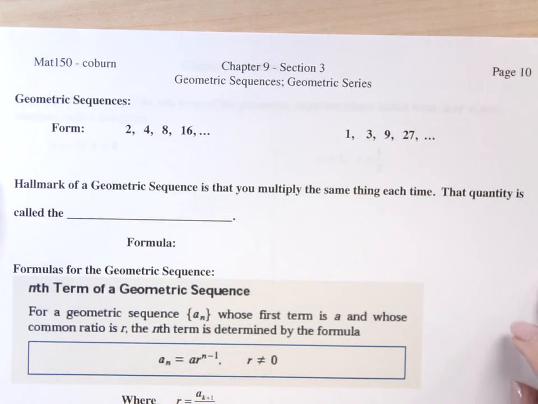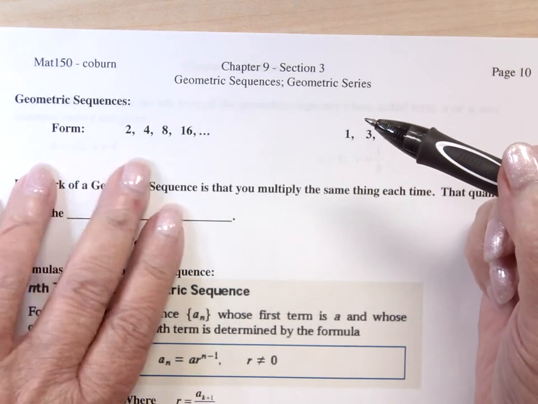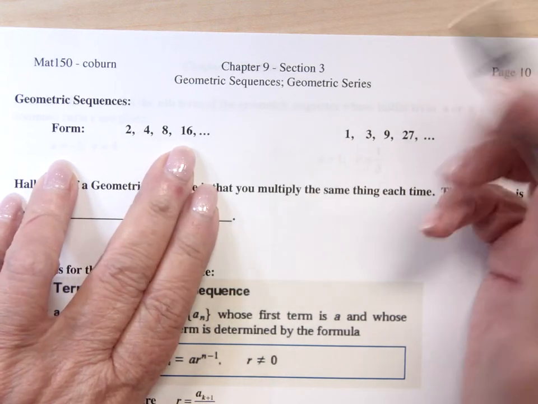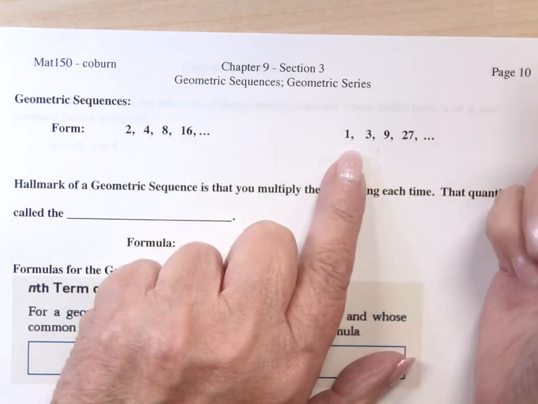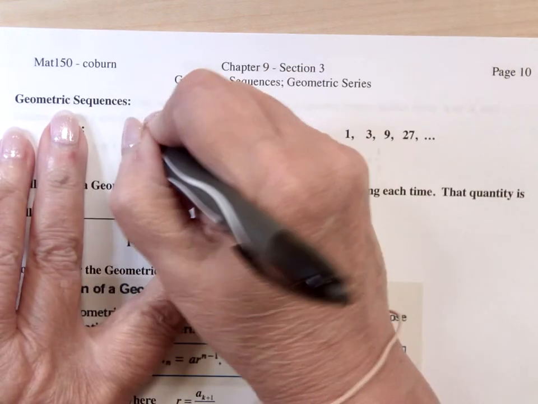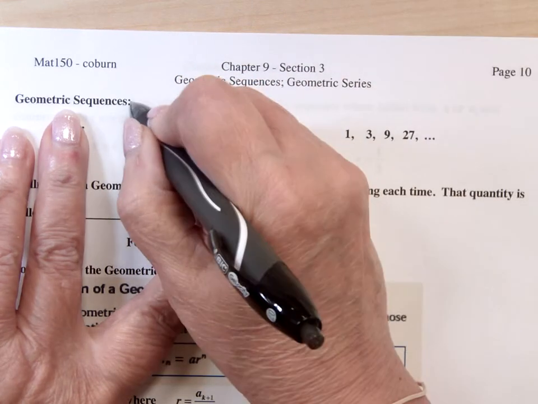Okay, so here we go. Geometric series or sequences are of the form 2, 4, 8, 16, or 1, 3, 9, 27. The hallmark is that you move from one position to the next by multiplying by the same number.